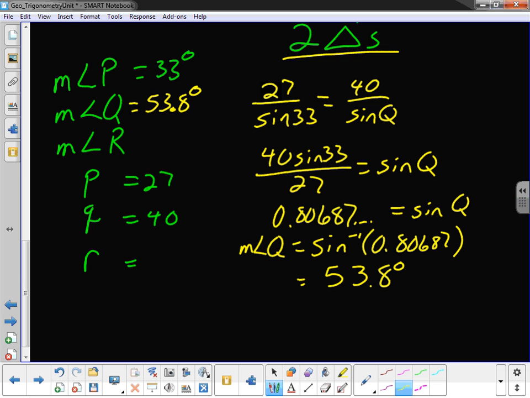Now, the other option here is if I take 180 and subtract 53.8 degrees. I got to do that again. I made a mistake. And I get 126.2 degrees.